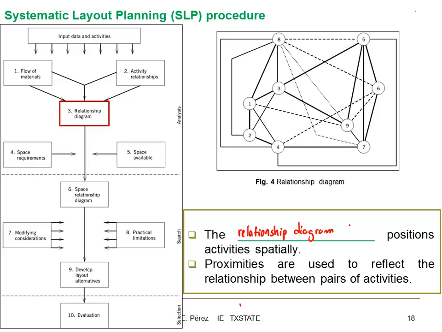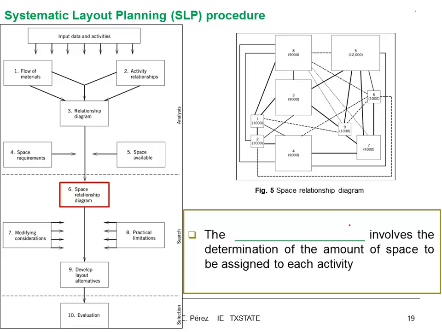So from here, we make this relationship diagram, and then we're going to gather information about the space and the space requirement for each one of the departments. And the next step is the space relationship diagram, which looks like the previous graph, but now we have some blocks representing each one of the departments, with some areas, which is the space that each department is going to occupy within your facility.